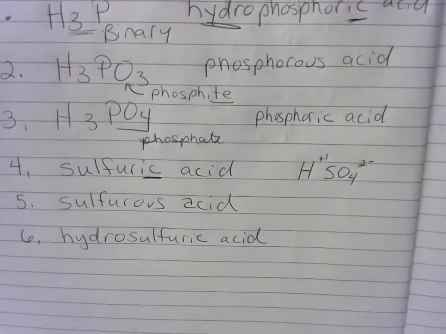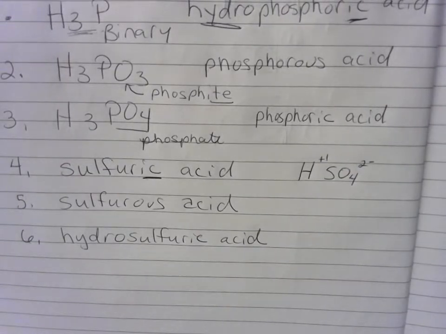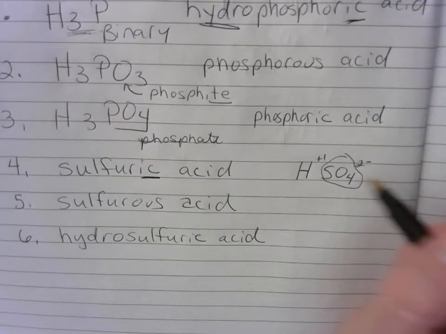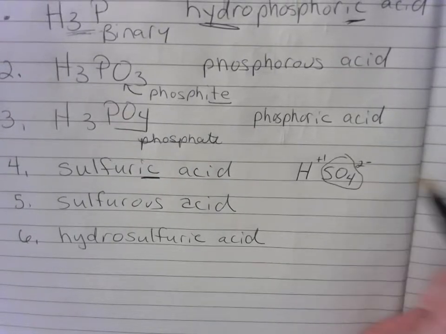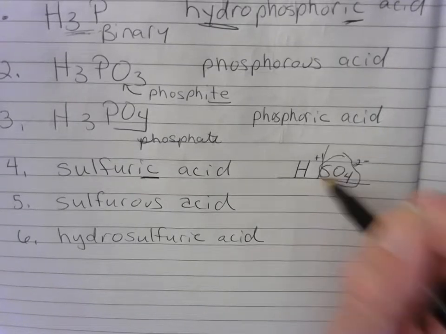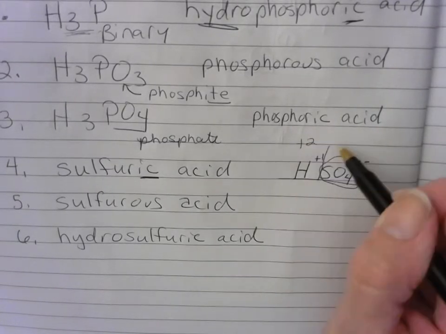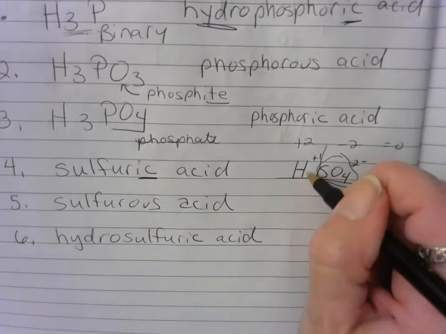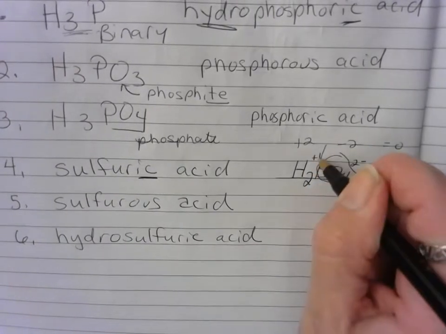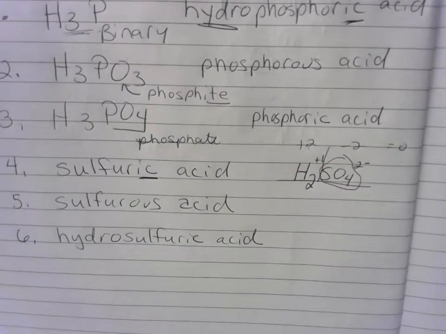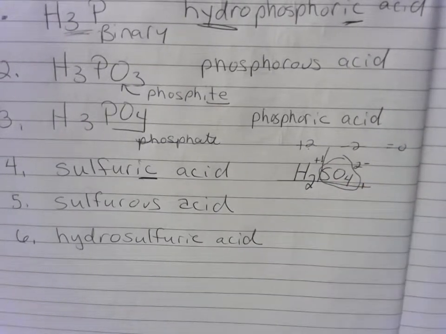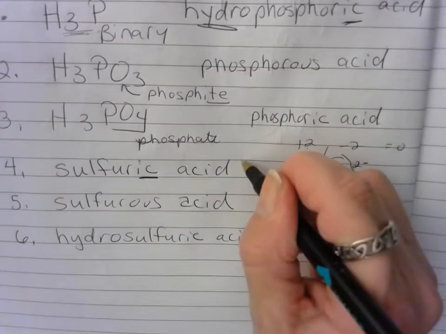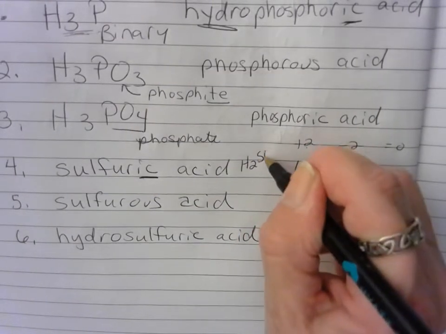So when we balance the charges, our least common multiple here is going to be 2 plus 2 -2 equals 0. That means I have to have 2 times +1 to give me +2, and then one of these. So the formula is H2SO4.